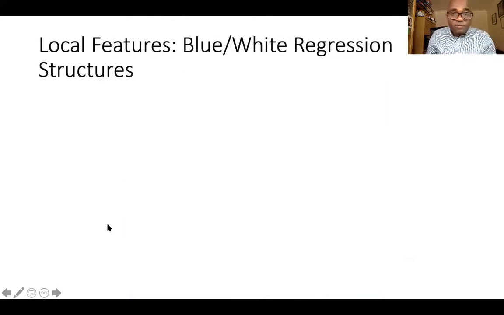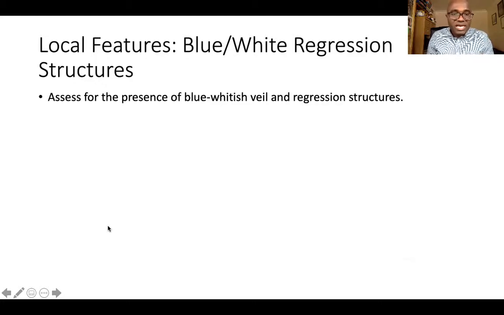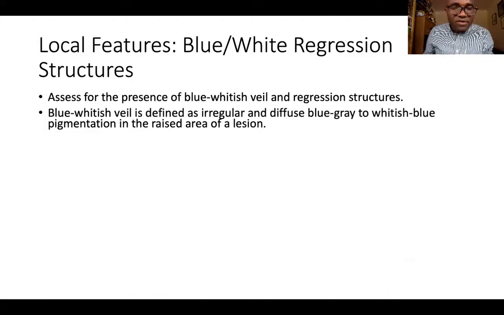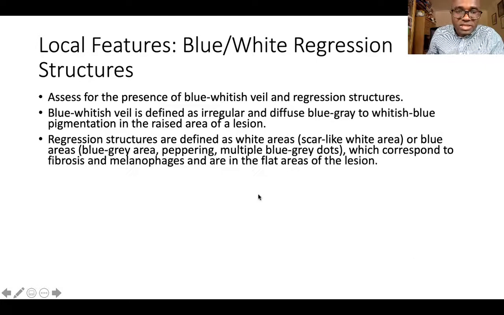And then the other local features you're looking for are blue-white regression structures. Assess for the presence of blue-white veil and regression structures. Blue-white veil is defined as irregular diffuse blue-gray to whitish-blue pigment in a raised area of the lesion.